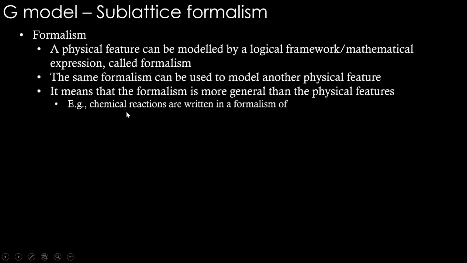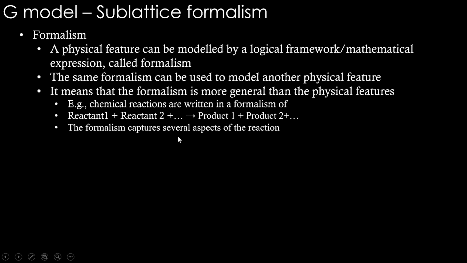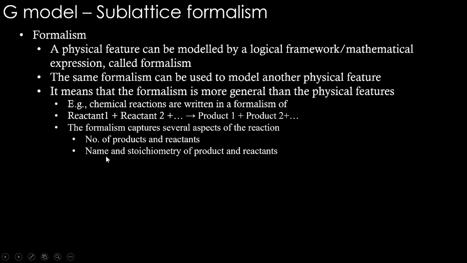For example, chemical reactions are written in a formalism of reactant 1 plus reactant 2 plus any number of reactants on the left hand side. You put plus marks between them and the Gibbs symbol comes here. Then you have product 1, product 2 and so on, right? So this is the formalism. This captures several aspects of the reaction. One, the number of products and reactants. Then what the products are, the name and stoichiometry of products and reactants.